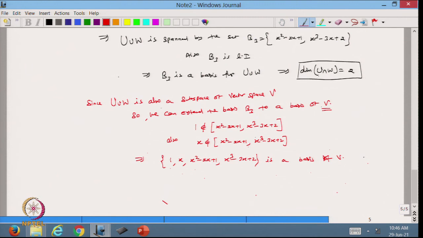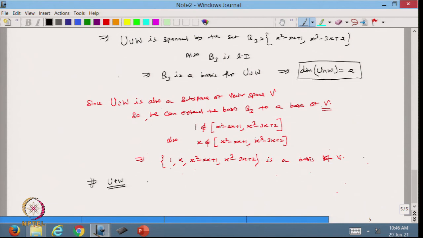Now, based on this one, I am going to find another subspace, that we call u plus w. Then how can we find u plus w? So, this is the last one I need to do.